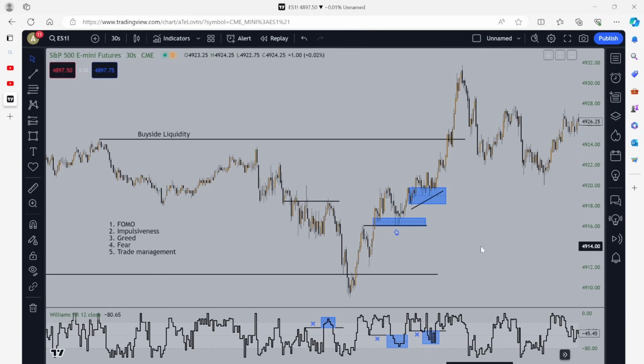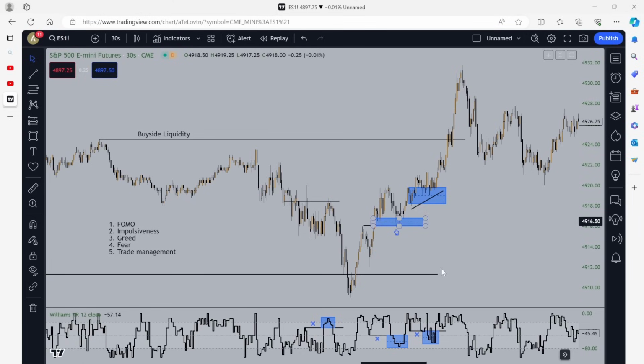Who did he learn from? Larry Williams. Whose indicator is this down here? The Williams Percent R. Do you guys know who created it? Larry Williams. All right, there's no coincidence. ICT used to use this indicator, right? I wholeheartedly believe that he used to use this.